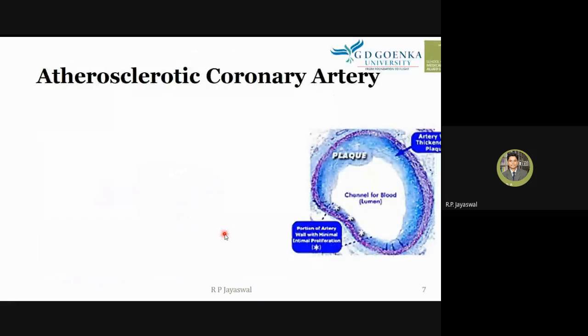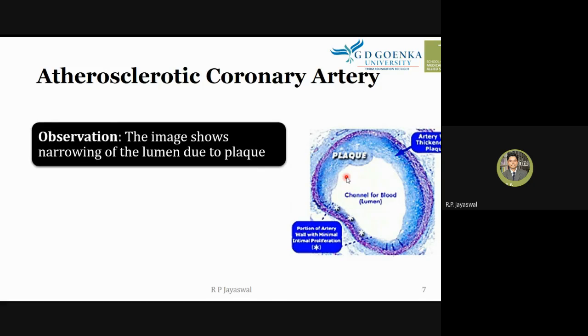So we have three different images shown here. First, second, third. This is the third image, and here also we can see the plaque formation, and the lumen becomes narrow, and finally artery disease occurs. So the observation is that the image shows narrowing of the lumen due to plaque, right?